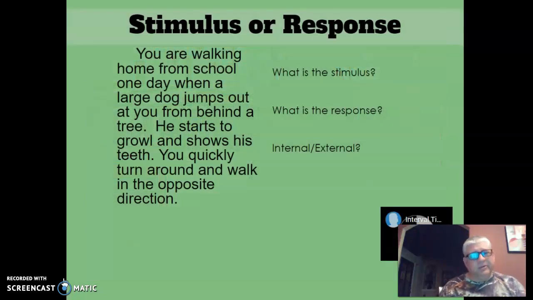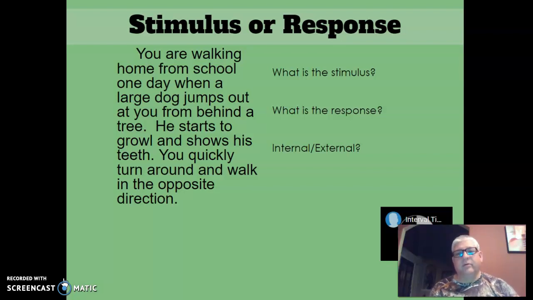Here's some examples. We're going to go over this example, and we may choose one more. Probably we'll just do this one. You're walking home from school one day when a large dog jumps out at you from behind a tree. He starts to growl and shows his teeth. You quickly turn around and walk in the opposite direction. So the stimulus is what?